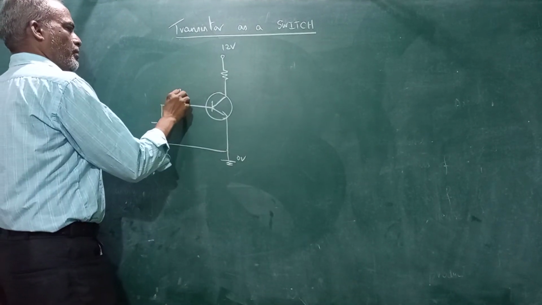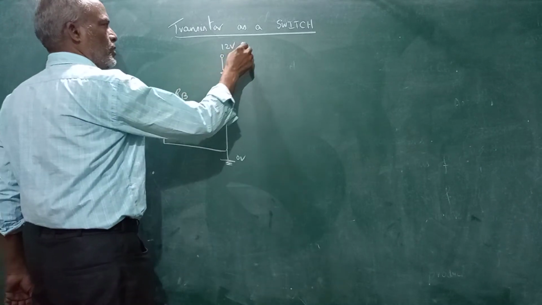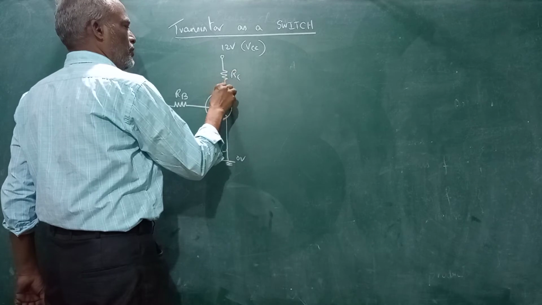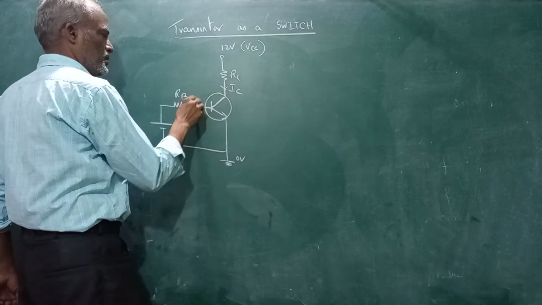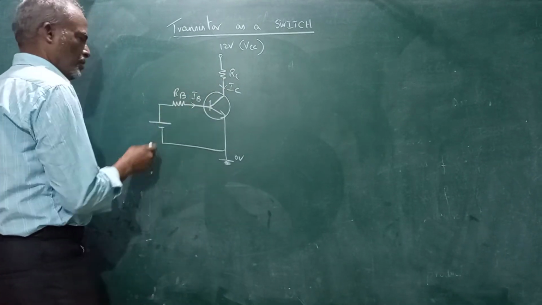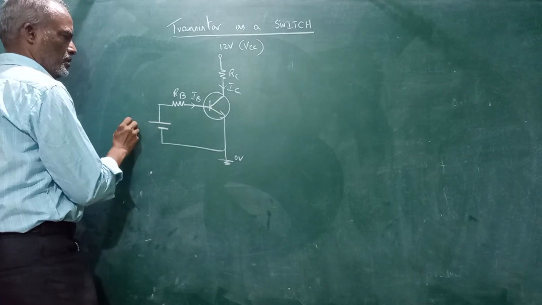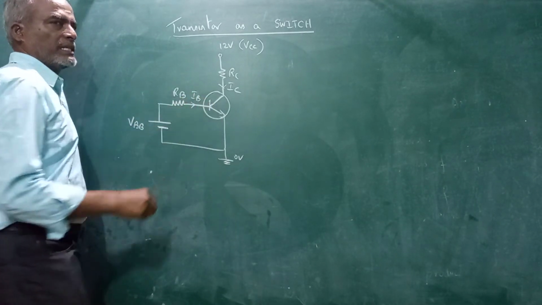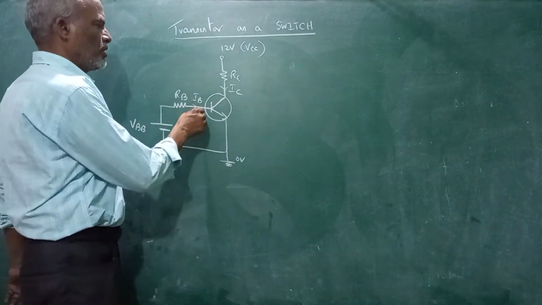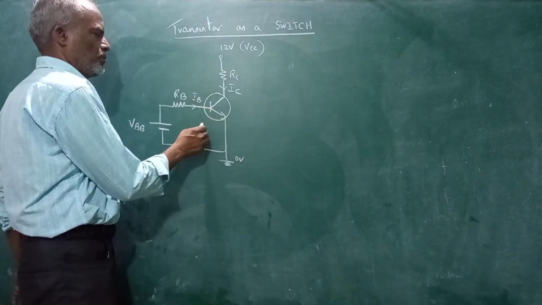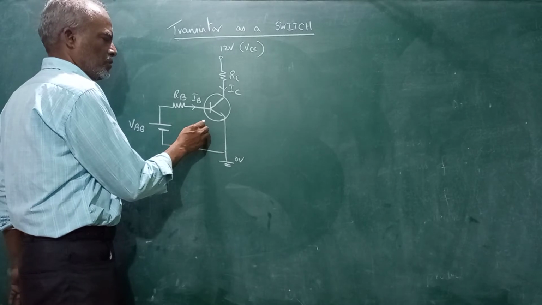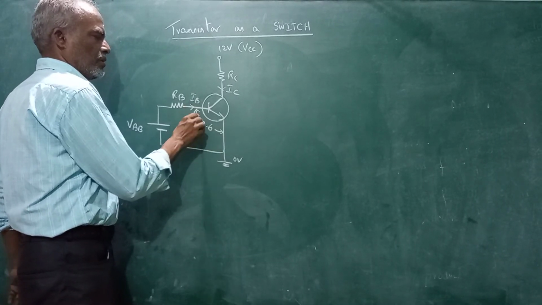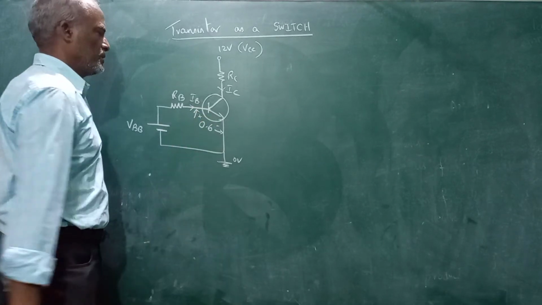This is RB, this is VCC, this is RC, the current flowing here is IC, and this is IB. Here this voltage is VBB. If you assume the transistor is made of silicon, then the voltage drop between this point and this point is roughly 0.6 or 0.7. I will take it as 0.6. This is plus, this is minus.